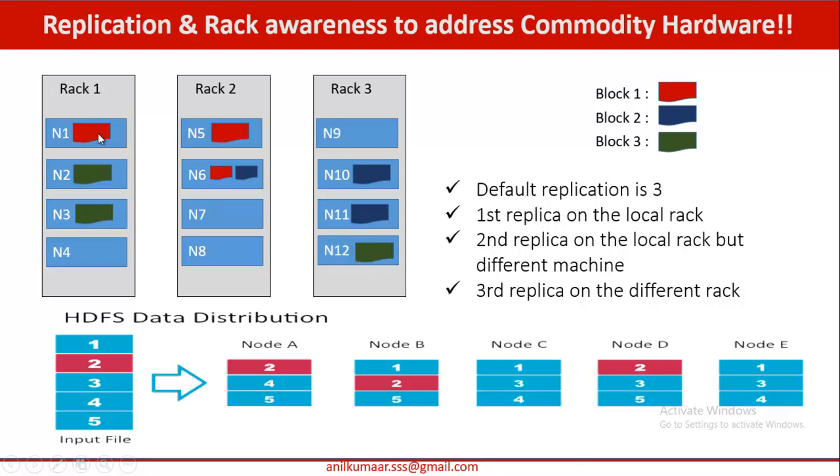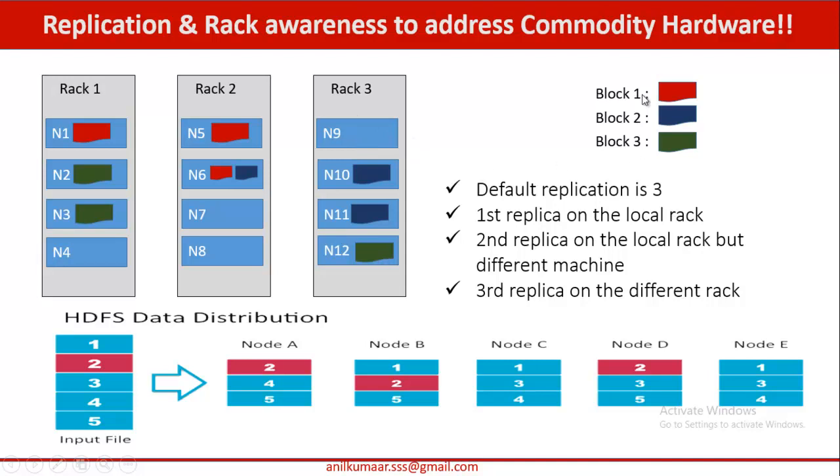Okay, so you're having a file, your employee file, for example, or sample.txt, whatever it may be, and it is split into multiple blocks here, right? And you're having a rack awareness concept also, so you're having a very big distribution now. So you cannot place all your replicants on the same rack and on the same machines also.